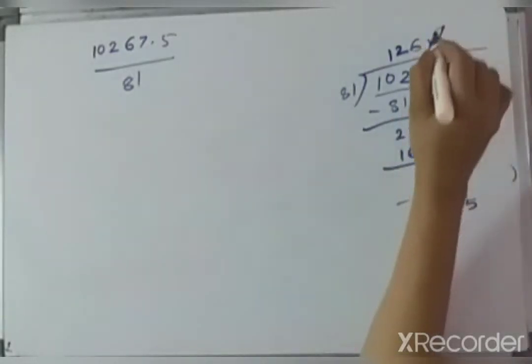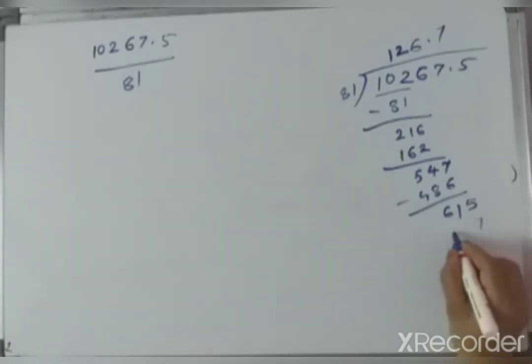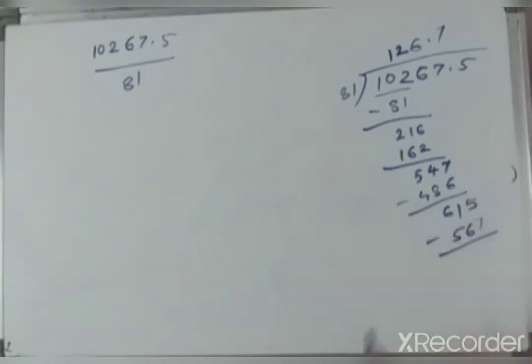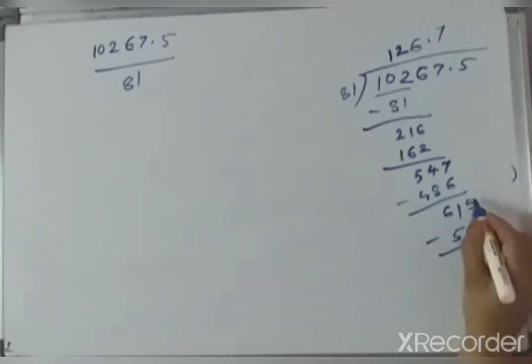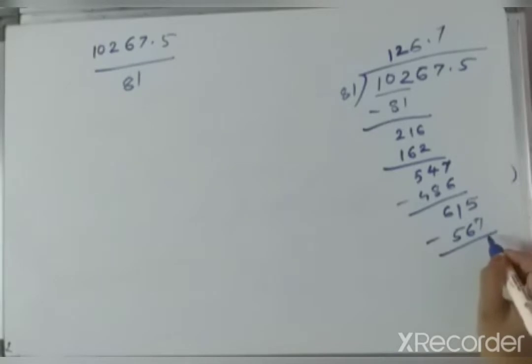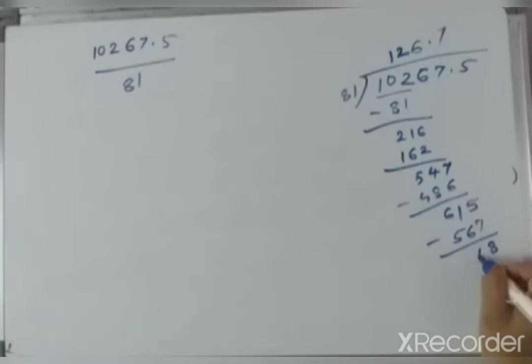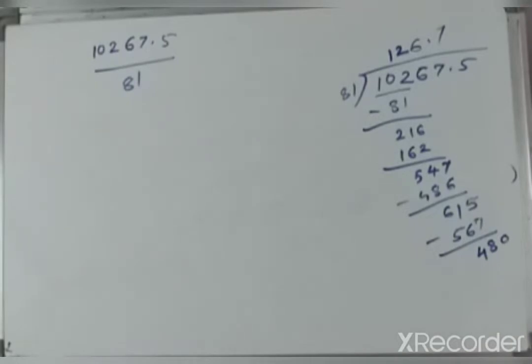The 7th place we will divide. 0 will take. 5 ones are 5. 10.